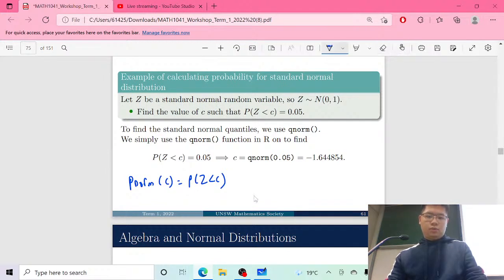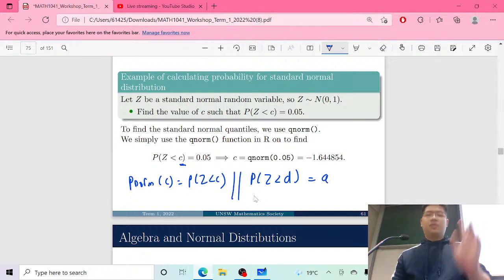So if P(Z less than c) equals 0.05, this means that c equals q-norm of 0.05. You just reverse it really. If I give you another example, if P(Z less than d) equals a, we have two different terms here, this means that q-norm of a equals d. Hope that's not too confusing.